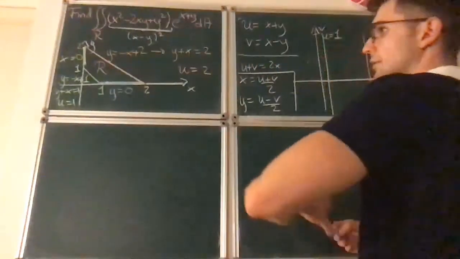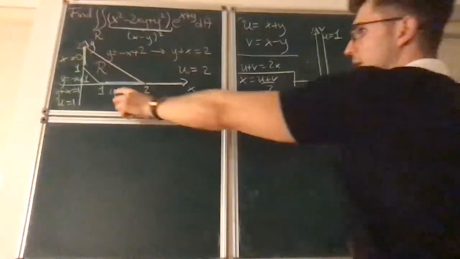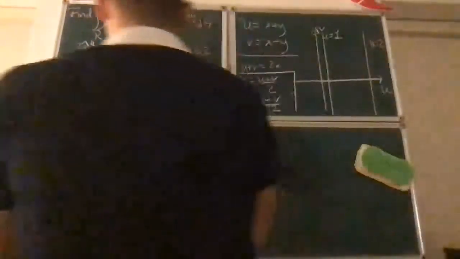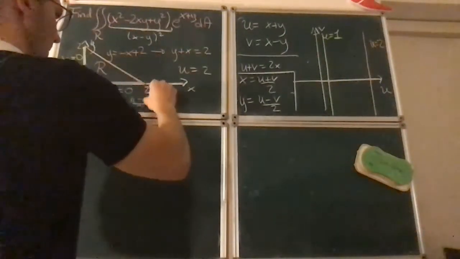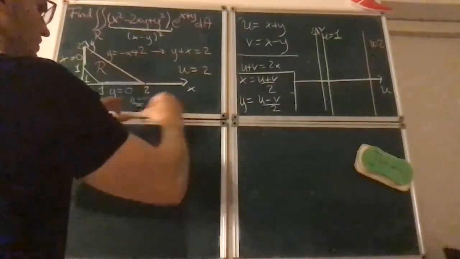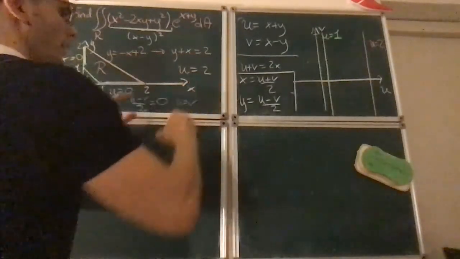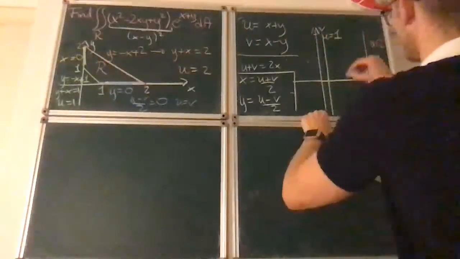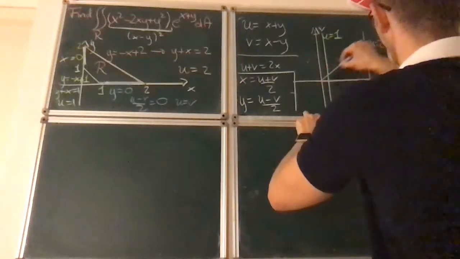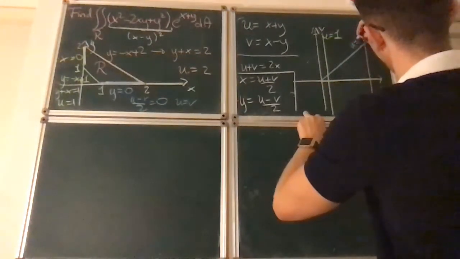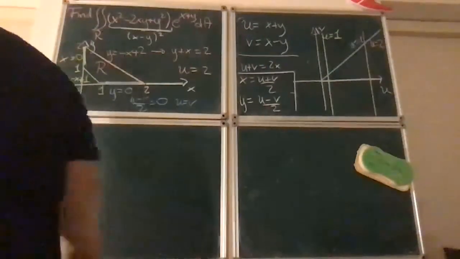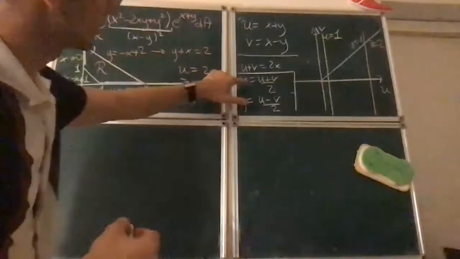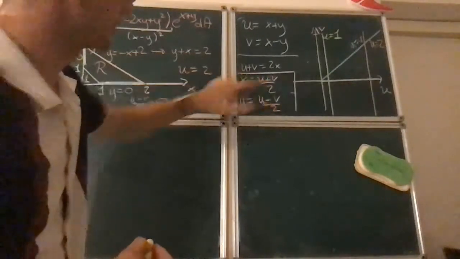But what that says is that the equation for y equals 0 becomes (u minus v) over 2 equals 0, which can only happen when u equals v, and u equals v is the equation of a straight line. And the other one, x equals 0, happens whenever u plus v equals 0.